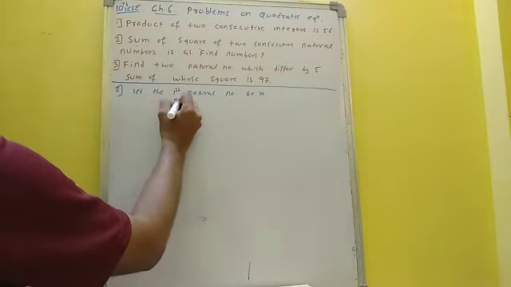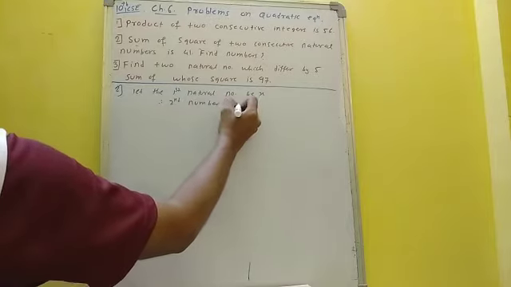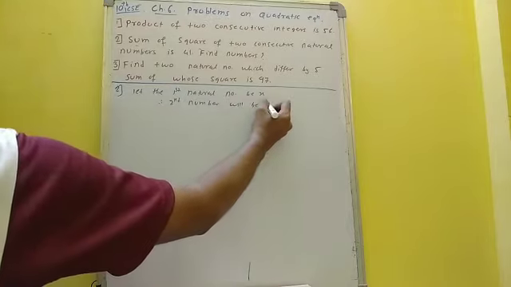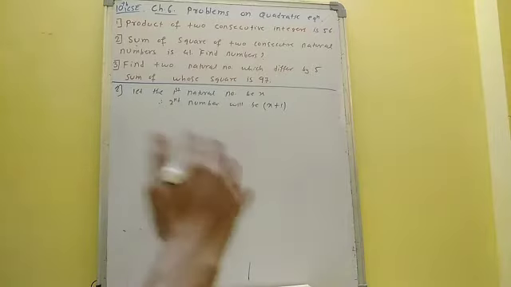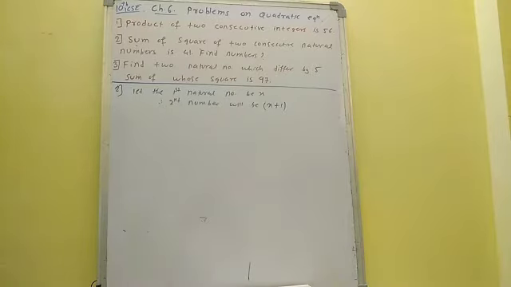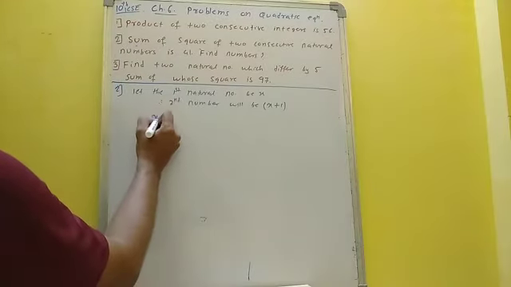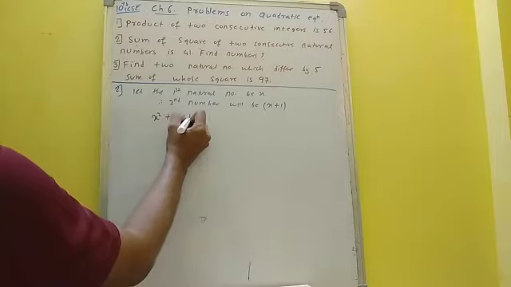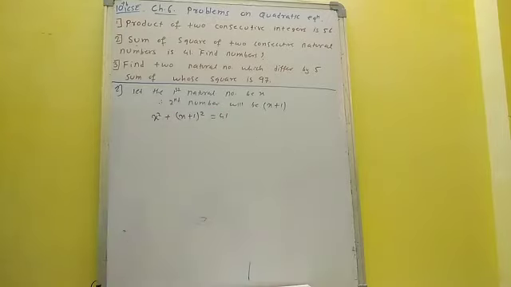Therefore, the second number will be x plus 1. As we are talking about consecutive numbers, the next number will be x plus 1. Now sum of the squares means x square plus x plus 1 the whole square is equal to 41.